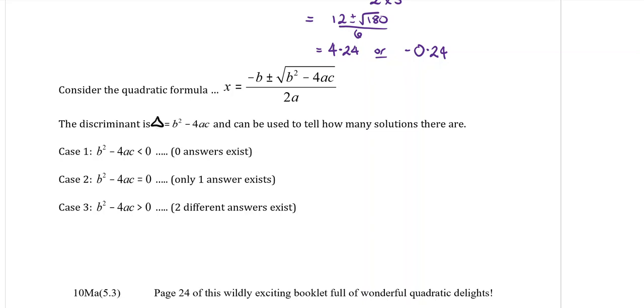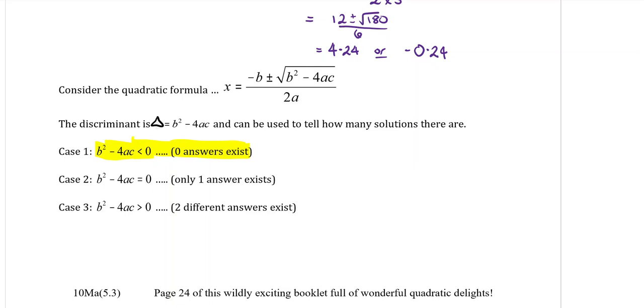If we calculate this part first in any question, it will tell us how many solutions the quadratic equation should have, because it's all about what's happening with that square root and the plus or minus in front of it. If the number underneath that square root sign came out to be negative, we can't square root a negative, and that would mean that there are no solutions, 0 solutions exist for that quadratic equation.